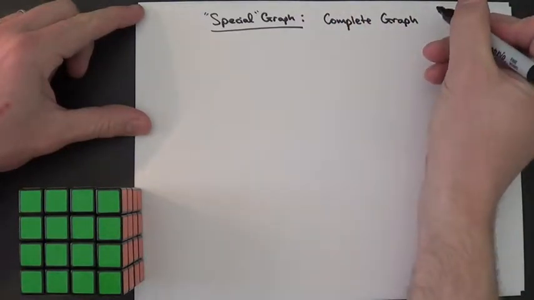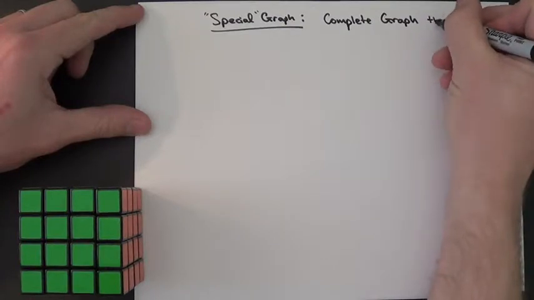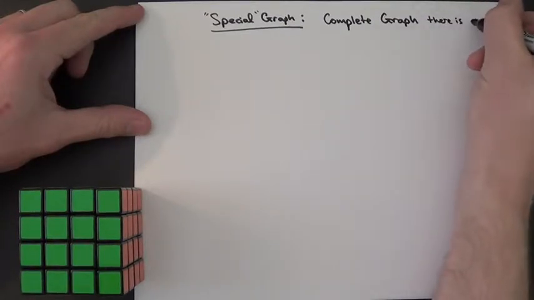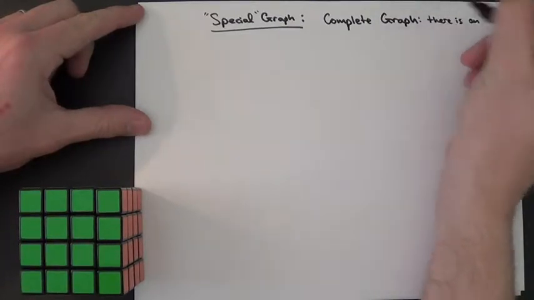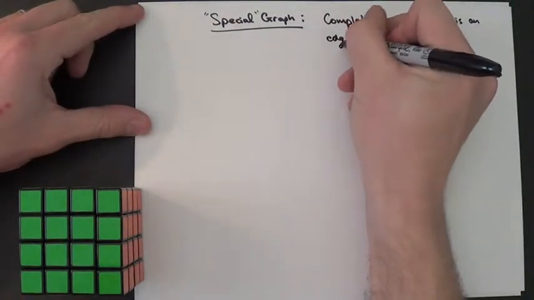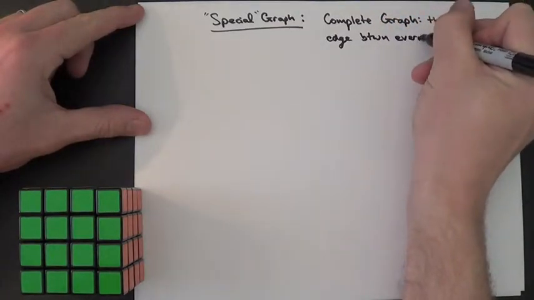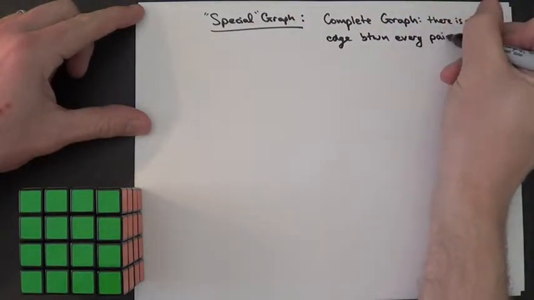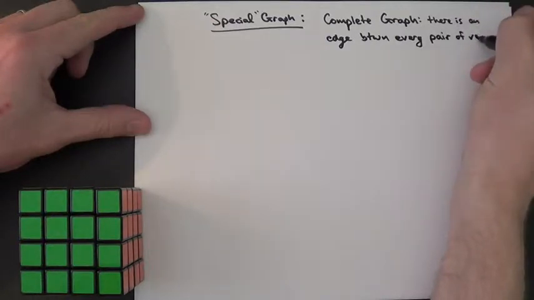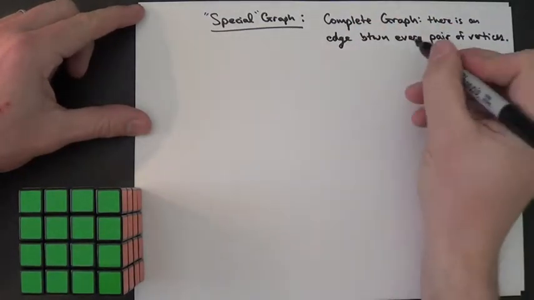A complete graph is one in which there is an edge between every pair of vertices.